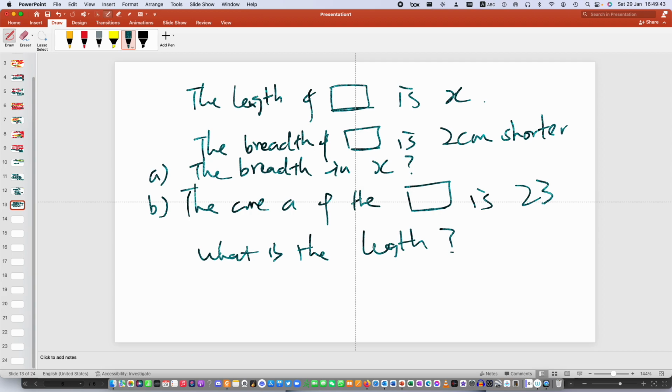Okay, so what is this? X times X. X times X is X squared.